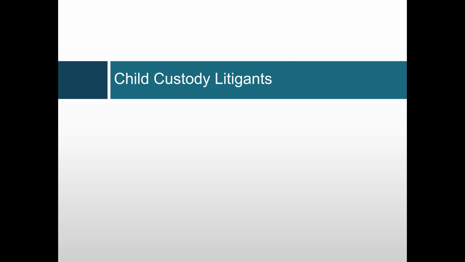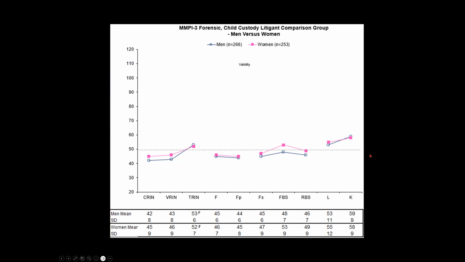Another newly added sample is our sample of child custody litigants. Here we have a sample of 266 men and 253 women. These are individuals who are undergoing psychological evaluation in the context of litigation related to child custody matters, usually in the context of divorce proceedings.